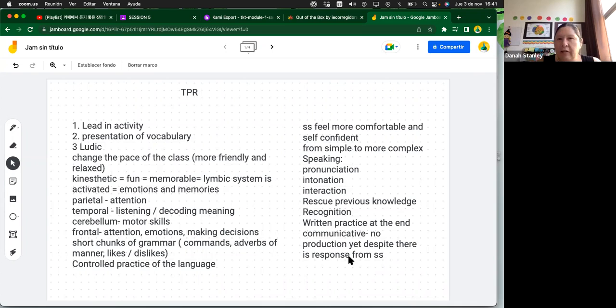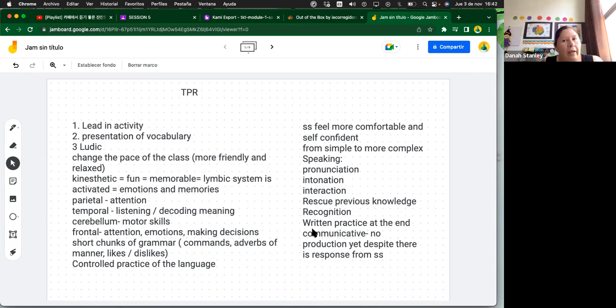Probably she didn't. The student said another word that is not really something about the path or something like that. I don't remember quite well. But she was trying to make this connection, this relationship between the vocabulary she's acquiring and the possible meaning and the possible use.